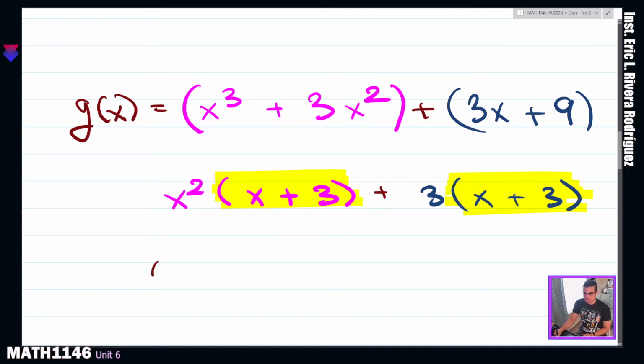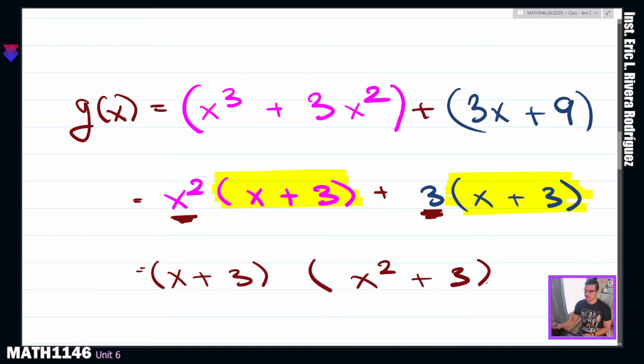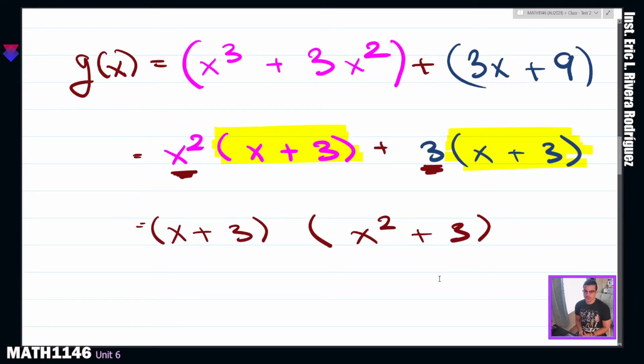So we can factor out x plus 3, there you have it, times what is left from the first term, x squared, and what is left from the second term is 3. And that is going to be the factor form of this polynomial. See that here we could use the factorization technique of group factorization, and whenever we have this opportunity, we are going to go this route.